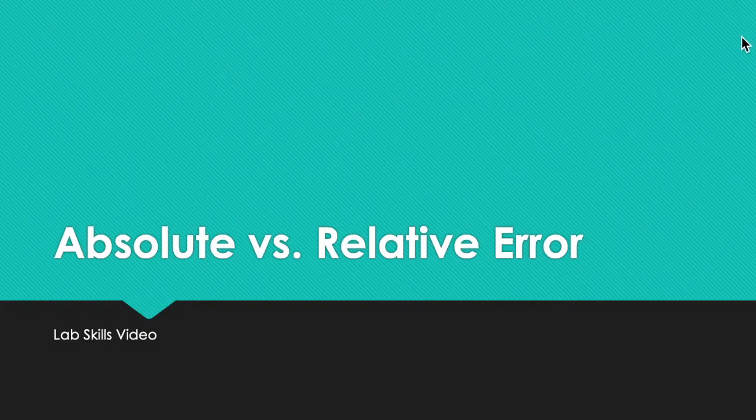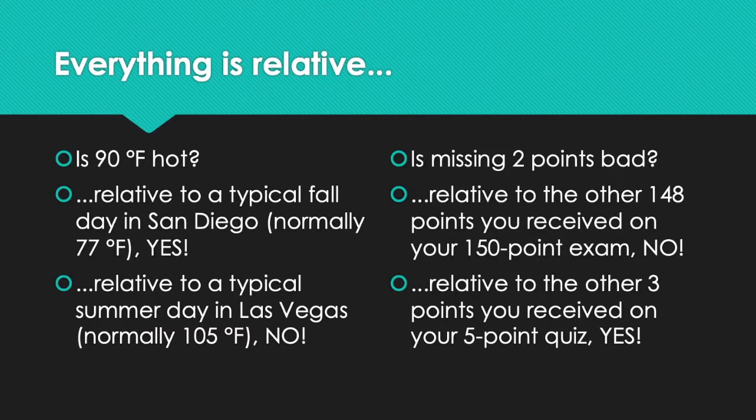Let's see if we can explain the concept of absolute versus relative error. You might have heard the saying, everything is relative. So what do we mean by that? You might be asking the question, is 90 degrees hot? Is that a hot temperature? Well, 90 degrees is the actual measurement, but you might want to judge it relative to something else.